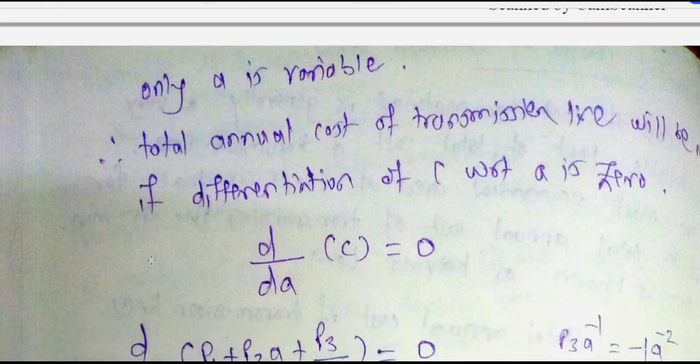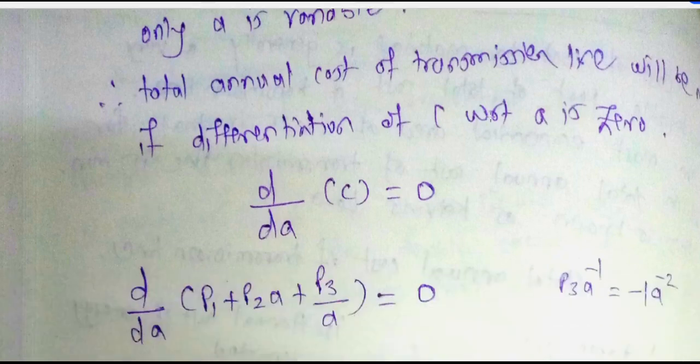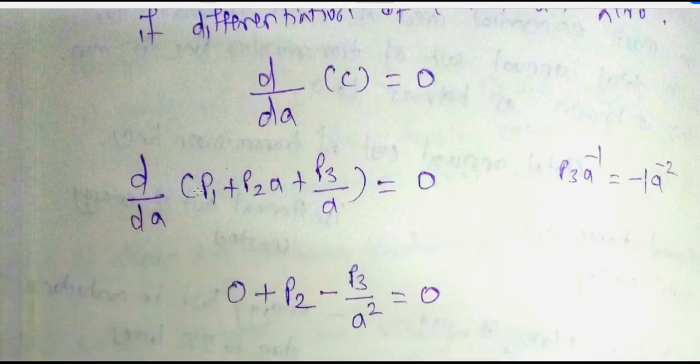Therefore, the total annual cost of the transmission line will be minimum if the differentiation of C with respect to A is 0. So d by dA of C is equal to 0. Putting the value of C, d by dA of P1 plus P2A plus P3 by A is equal to 0. The derivative of the constant is 0, dA by dA cancels, so it becomes P2.